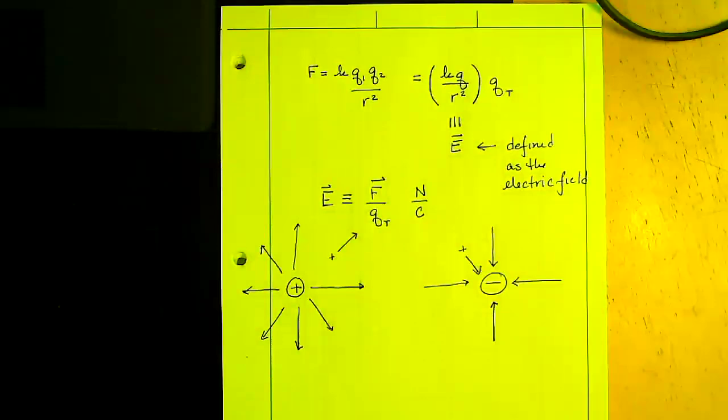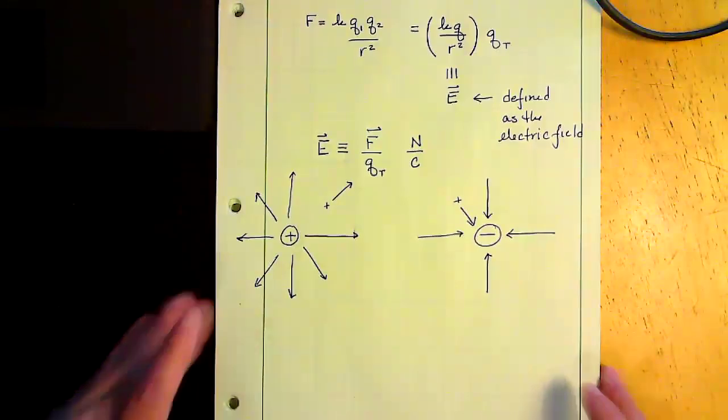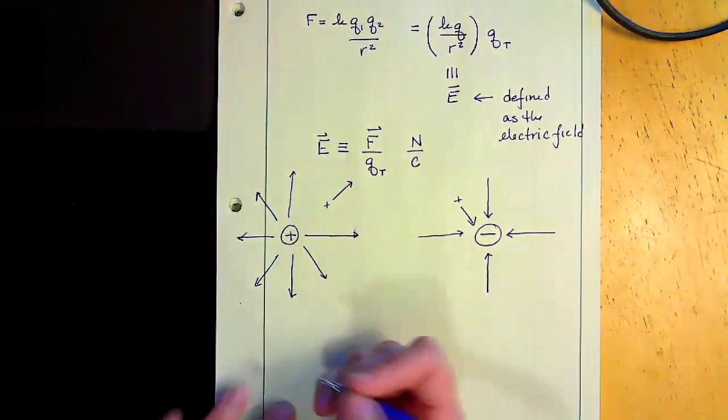And in fact, we will want to know, just like what we want to know around where we are on Earth, what is our electric field. So we can calculate that.